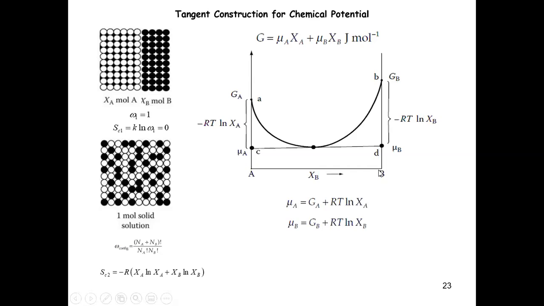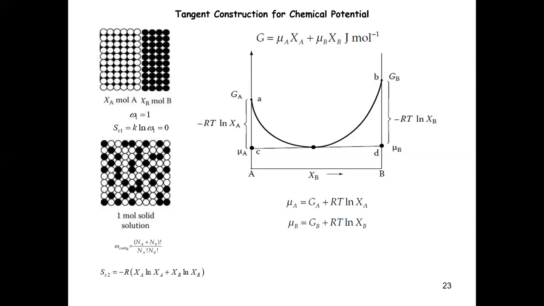An interesting fact is that this intersection corresponds to the numerical value of mu A for the composition you choose here, and this point corresponds to the numerical value of mu B for this composition. Does this make sense to everyone?